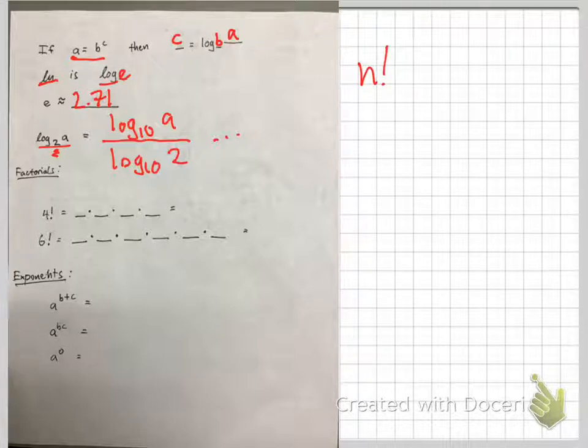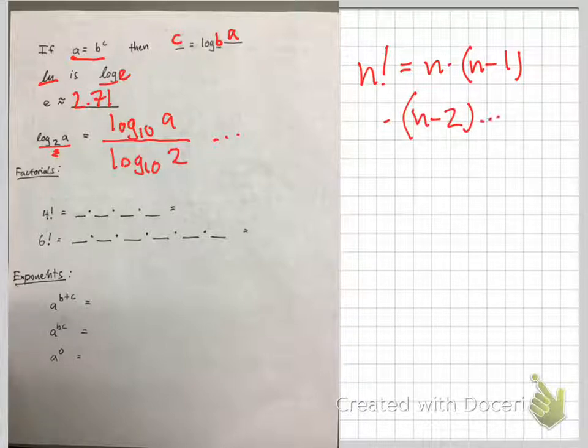Okay, moving beyond the logarithms, let's go into the factorials. Hopefully you remember that some number with an exclamation point after it represents a factorial, and the factorial is just that number times that number minus 1 times that number minus 2, all the way down to 2 times 1. So therefore 4 factorial is equal to 4 times 3 times 2 times 1, which will equal 24. So go ahead and pause right now and write down what 6 factorial is and practice plugging it into your calculator.